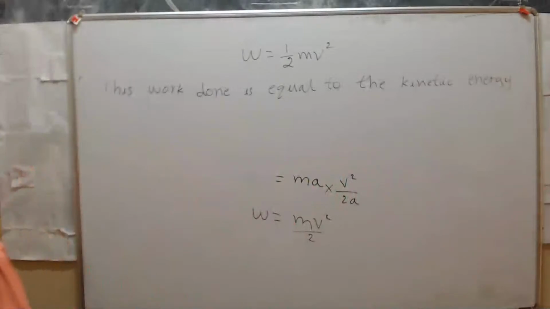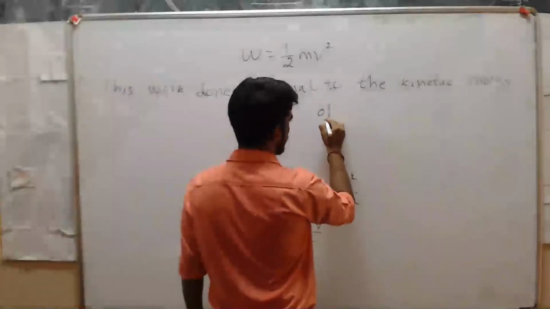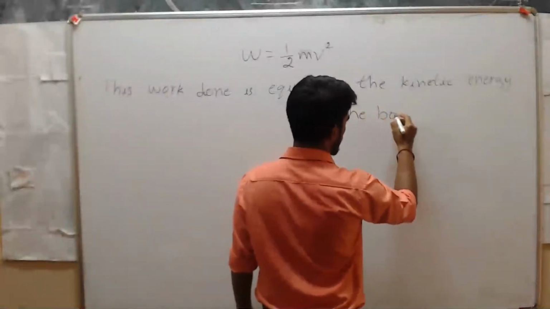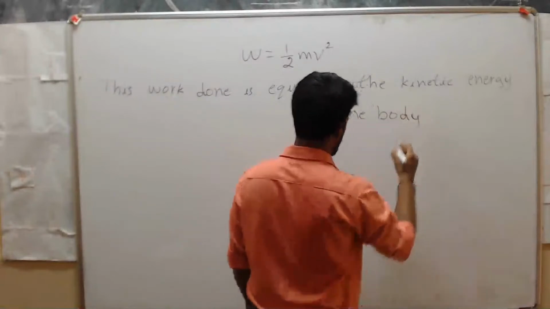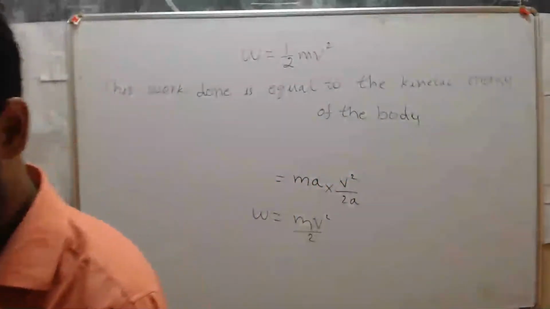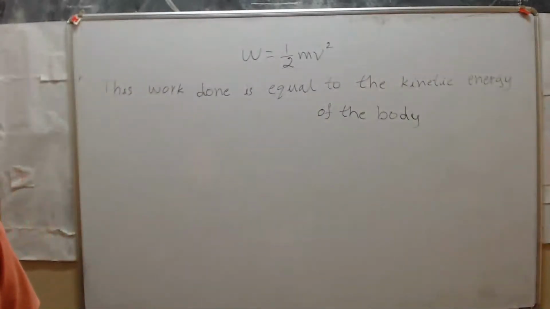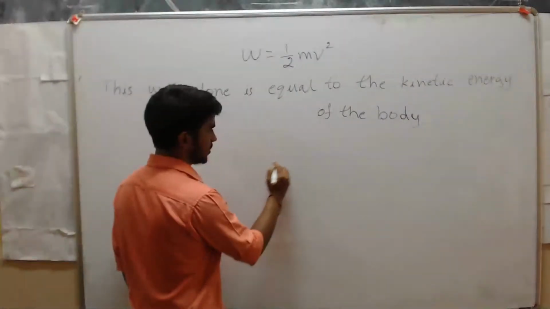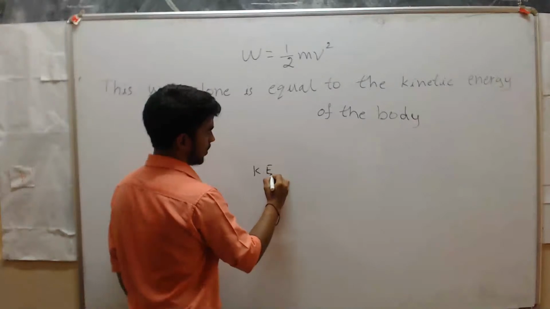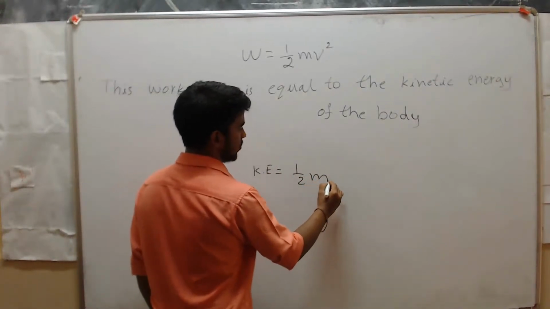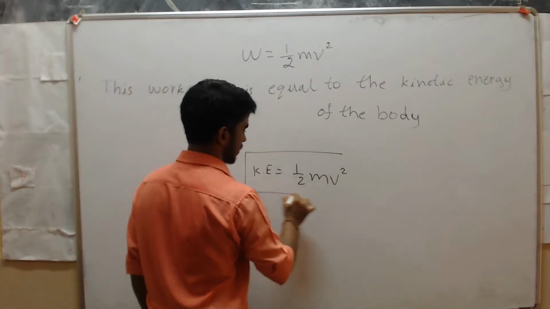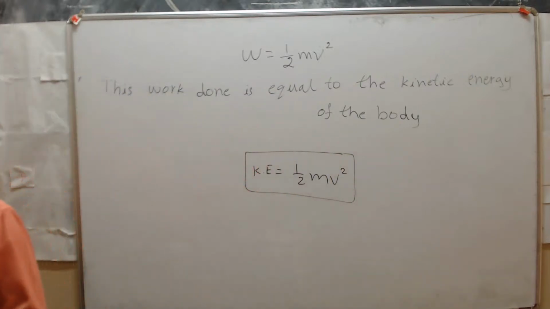Kinetic energy of the body, that is KE equal to half m v square. So this is an expression for kinetic energy.